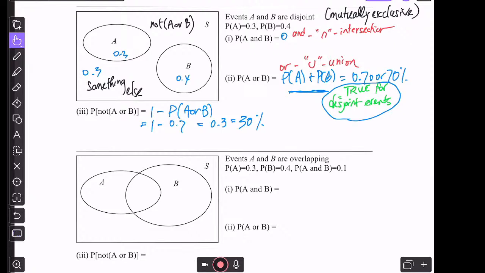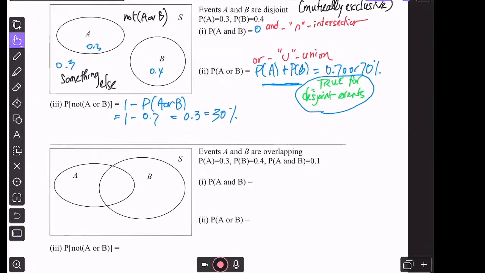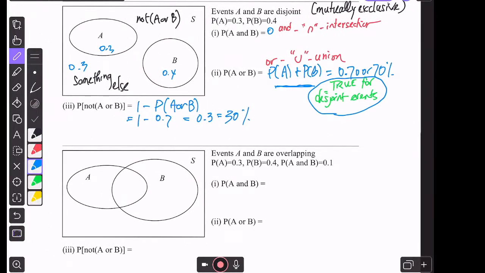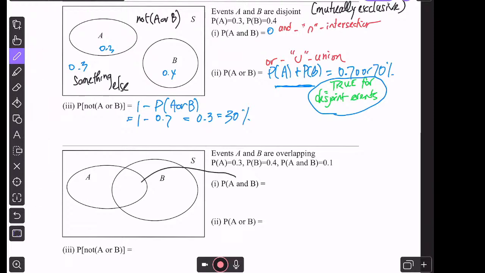Well, now we have an intersection. Now we have an area where they overlap.